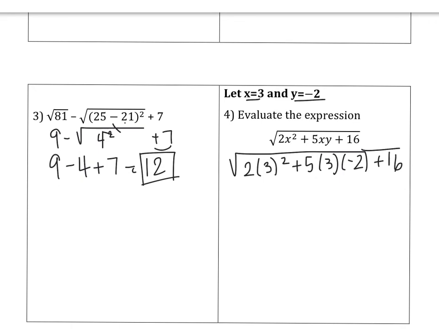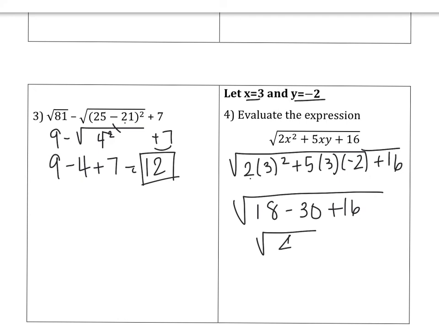So let's clean this up a little bit, and we have 2 times 3 squared is 9 times 2. So 9 times 2 is 18. And then that's going to be a minus 30 plus 16. And that is all going to come to a 4. So the square root of 4 we know is 2.